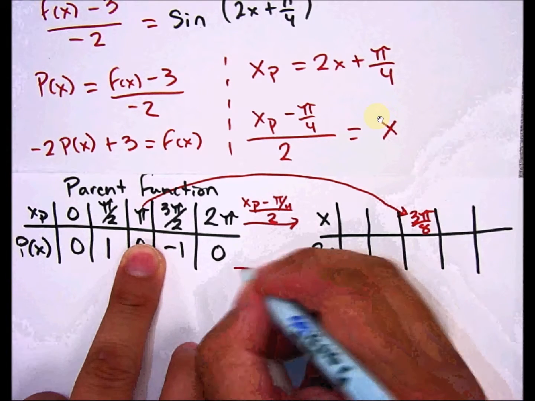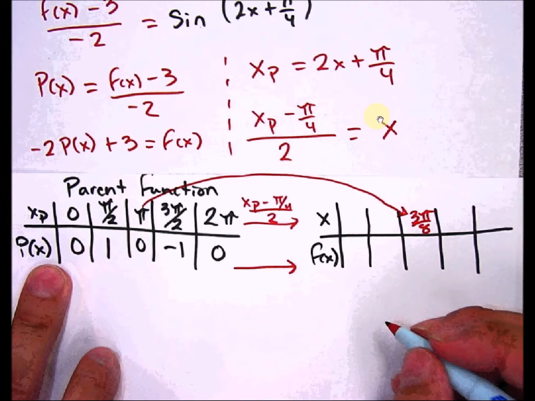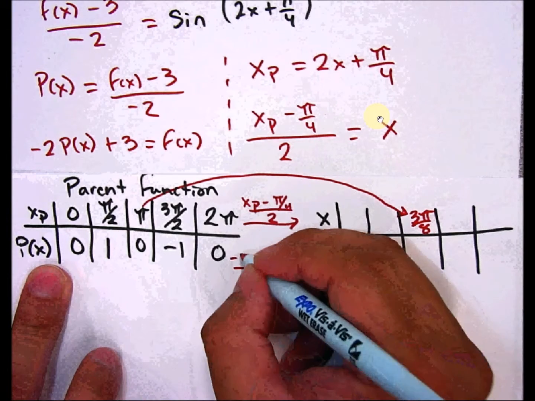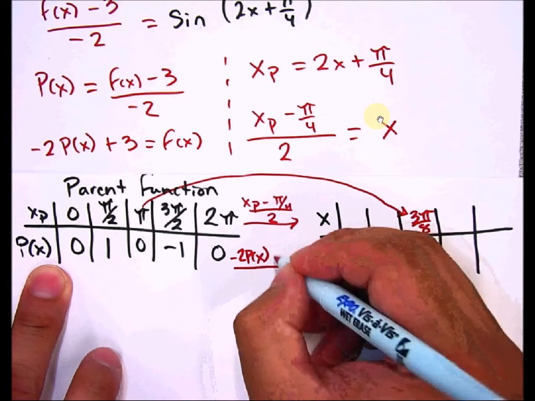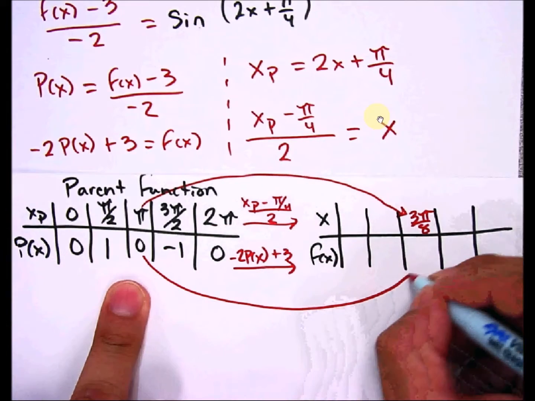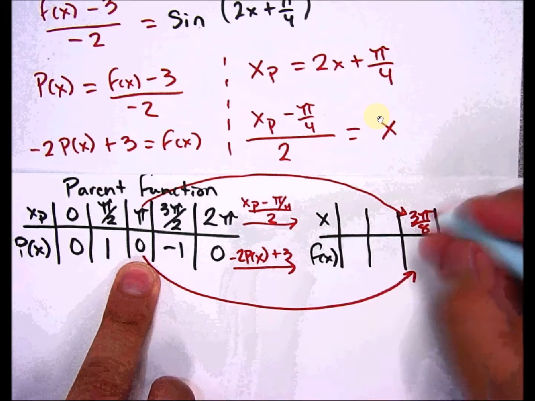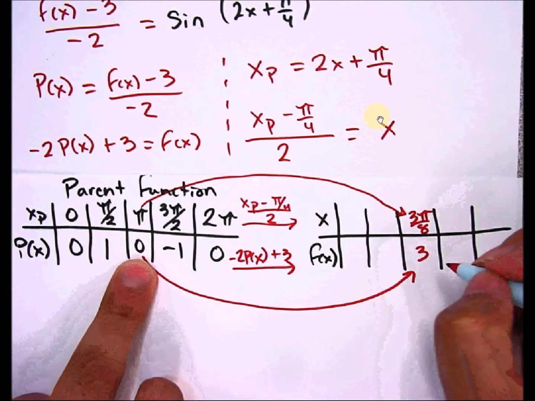On the bottom, I would change all the range of the parent function by multiplying them by 2, and then adding 3. So using this point again, I would take negative 2 times 0, which is 0, plus 3, and there you go. You would get 3.